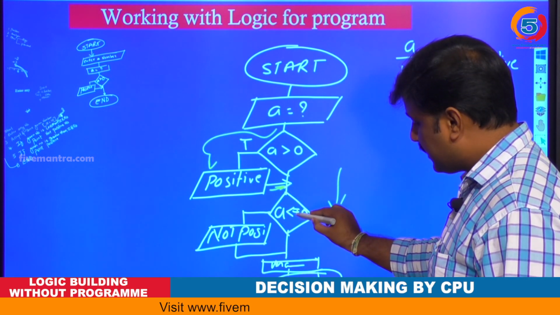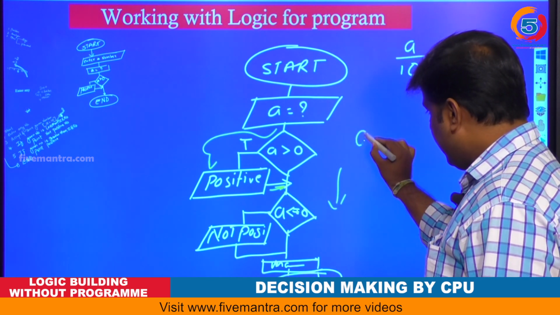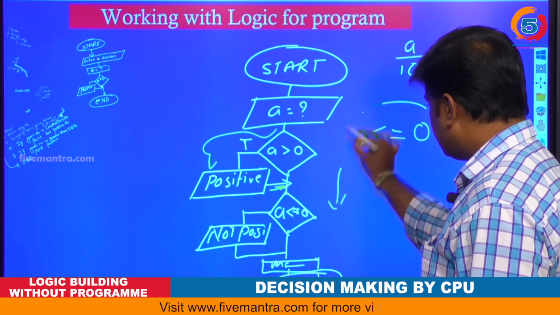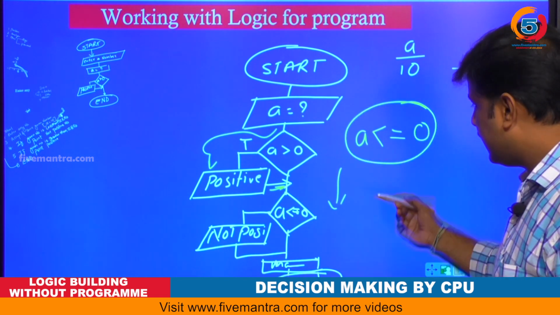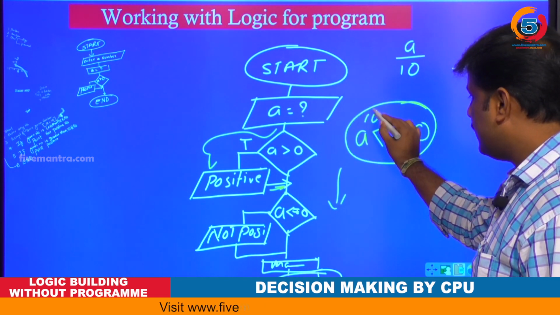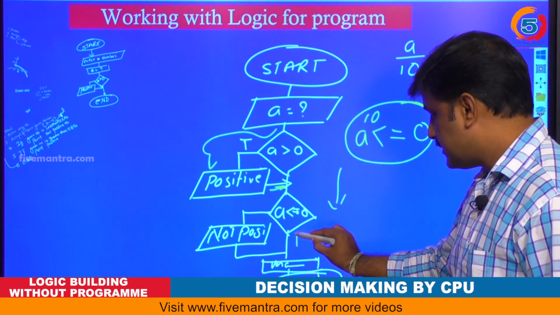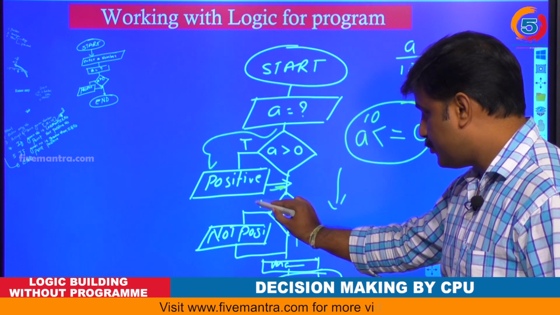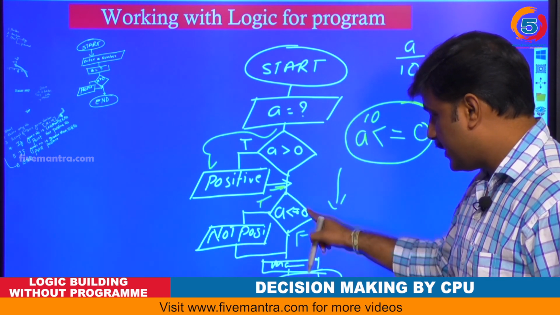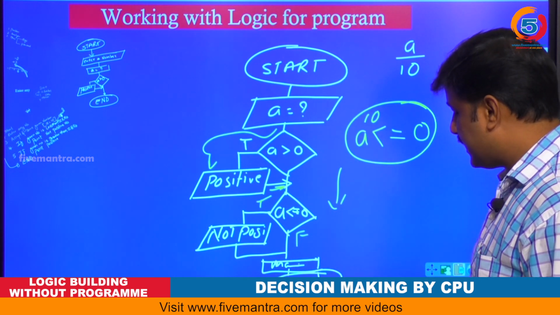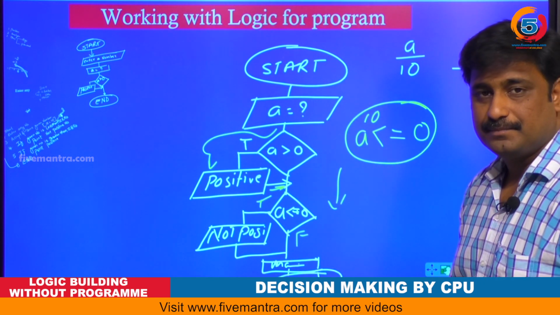Once again I am checking the condition, a must be less than or equal to 0. This condition fails, because my value is 10, so it is false. If it is true, it will do this one; if it is false, it will do this one, print some message and end.